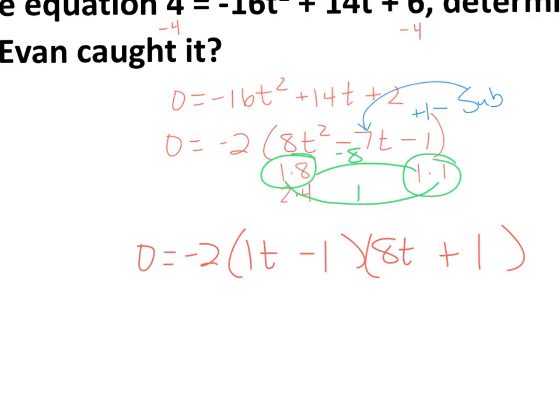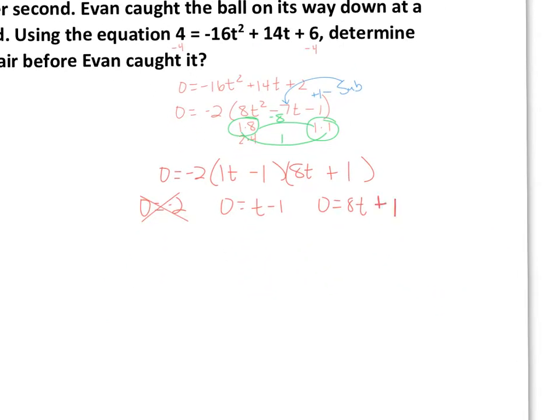So I'm going to have 0 equals negative 2 and throw that out. 0 equals 1t minus 1, and 0 equals 8t plus 1. Okay, so now I add the 1 over here. On this one, I'm going to subtract the 1 and then divide and get t equals negative 1/8.